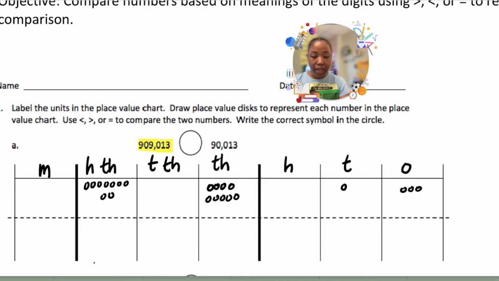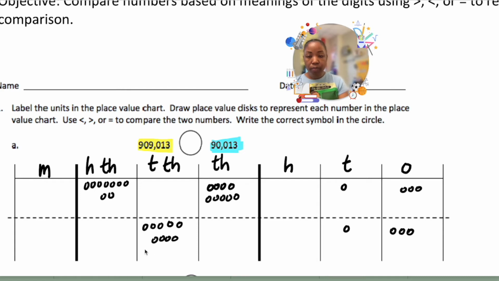For the second number, there are no 100,000s, but we have 9 10,000s. In that number, we have no thousands, no hundreds, 1 ten, and 3 ones.